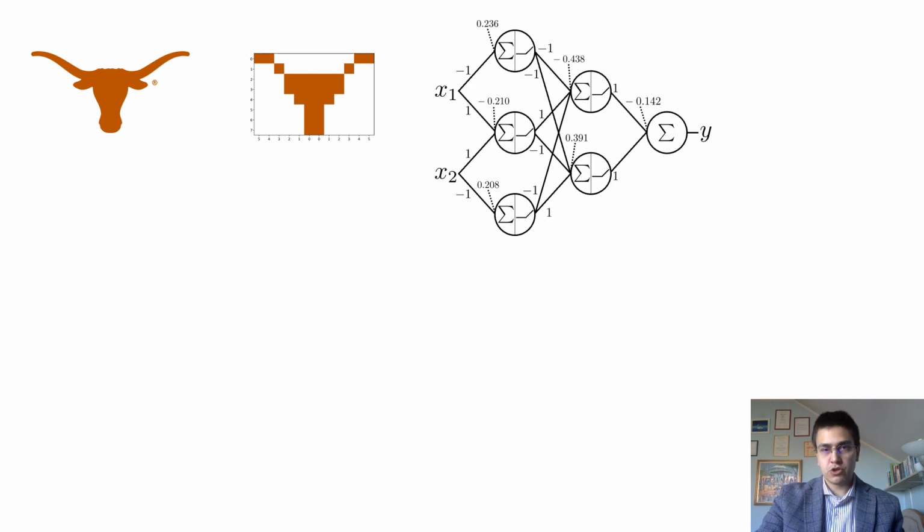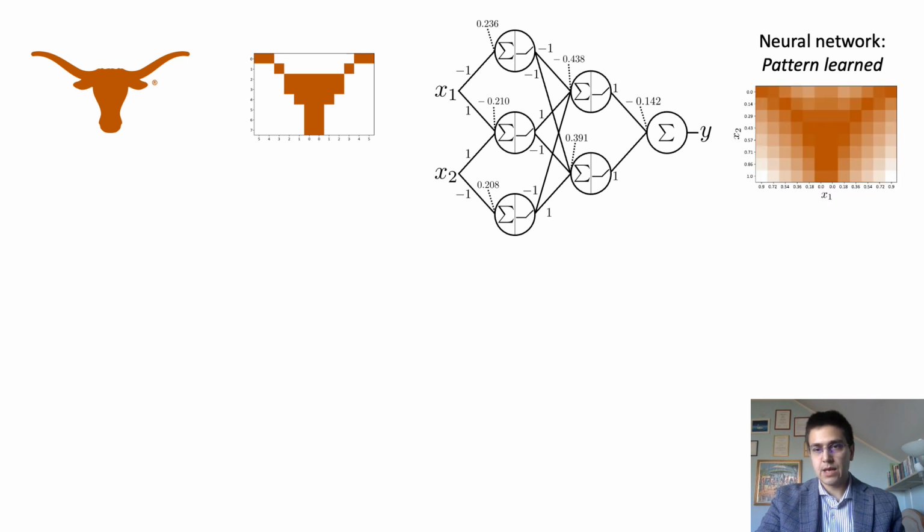The neural network we trained has inputs x1, x2 position and produces a value y, which denotes if the pixel is orange or white. And what the neural network learned, if you discretize it so that when y is 0 it's orange, otherwise it's white, is directly equal to this pattern here.